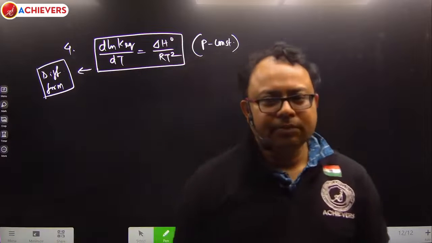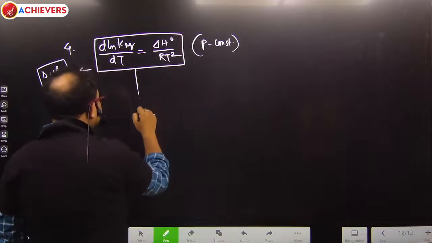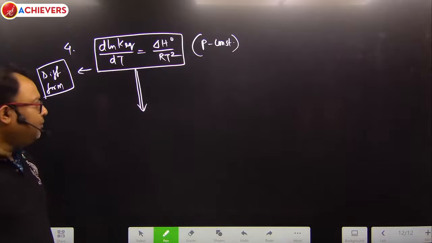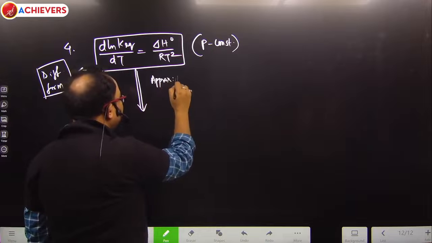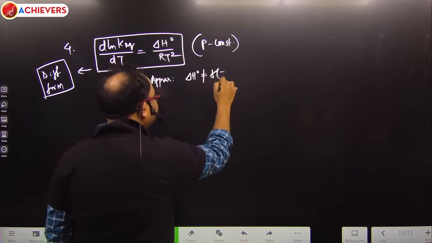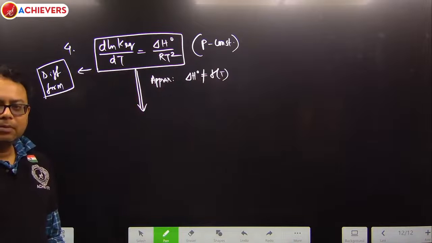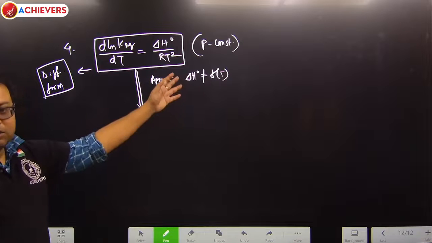Now we will develop the integrated form, but we'll make some approximations. We will consider delta H naught to be independent of temperature. We will integrate under this approximation.